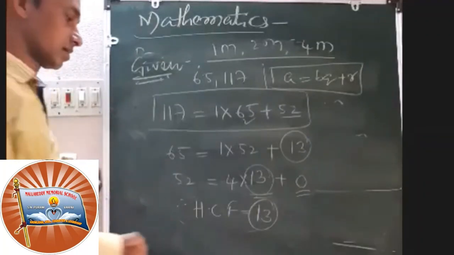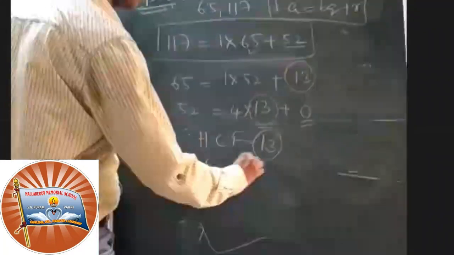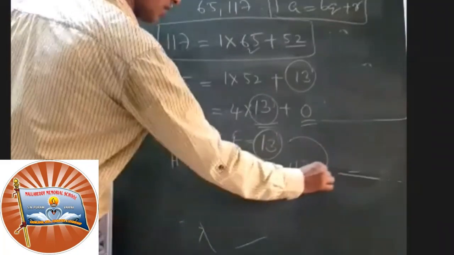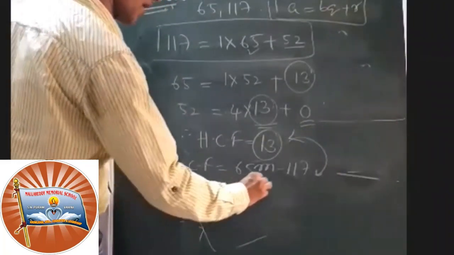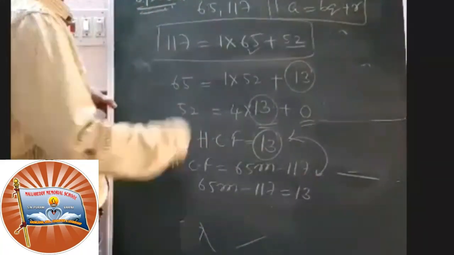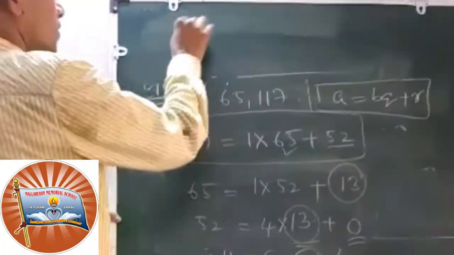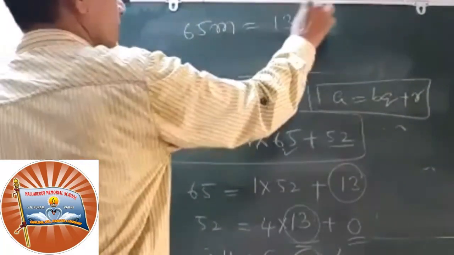What he has given, HCF is 65m minus 117. So you have to equate these two. So 65m minus 117 is equal to 13. Then what do I want to do? 65m is equal to 13 plus 117.